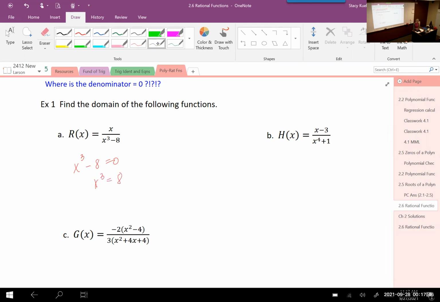And I can take the cube root of both sides because the cube root of a cube undoes it, doesn't it? All right, so I end up with x is equal to 2. The cube root of 8 is 2, right? So the domain of this function says that that number 2 is the one number out of everything that I'm not allowed to have down there, right?